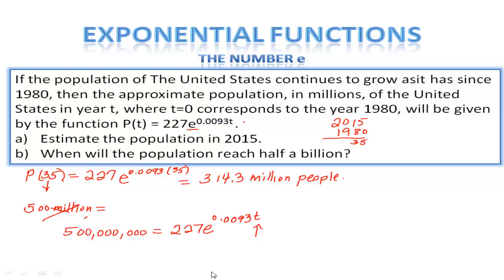If you do that, you would find that by the year 2065, that's when you'll have 500 million people. Okay? And remember, this example is talking about if the population continues to grow as it has since 1980. So this is an estimate. This is not real.